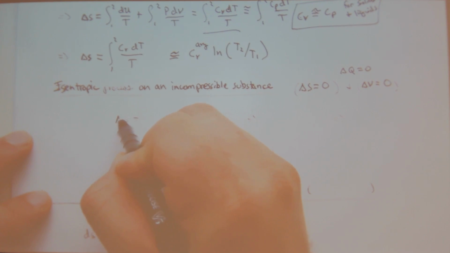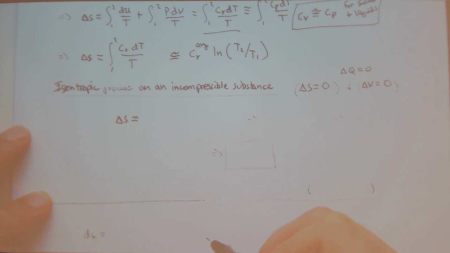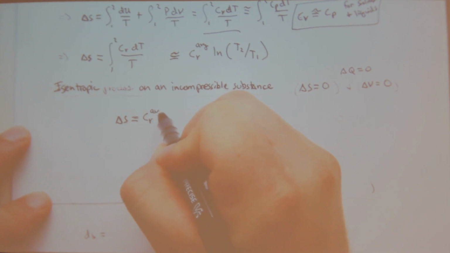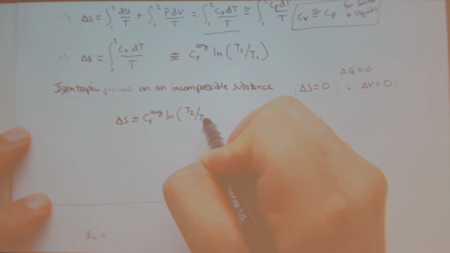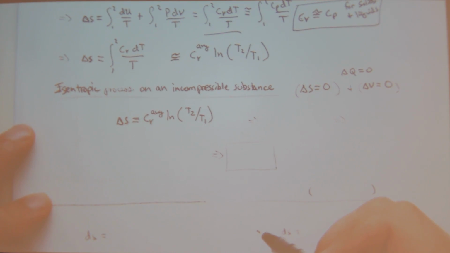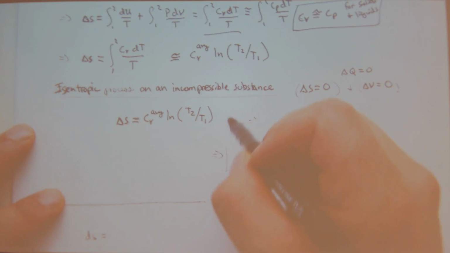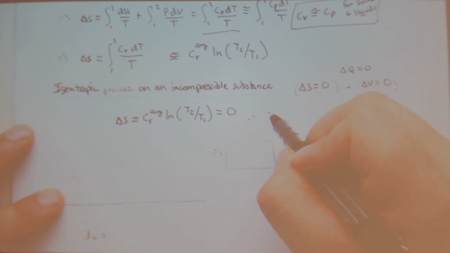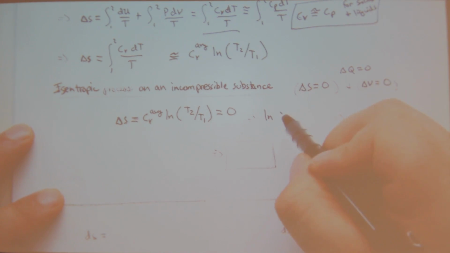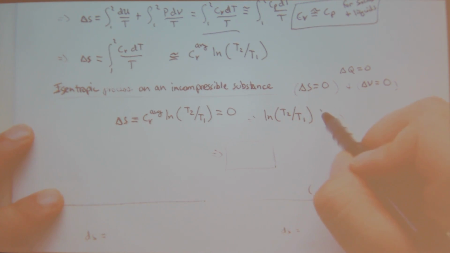So I have delta S equals CV average natural log T2 over T1, which equals what? 0, which implies that the natural log of T2 over T1 equals 0, which implies T2 equals T1.